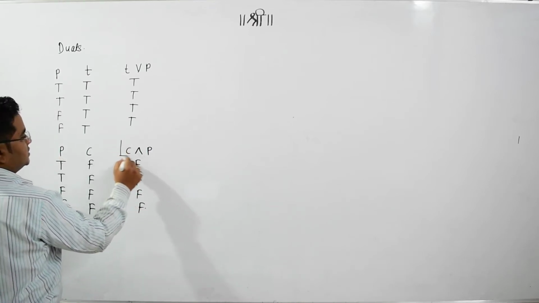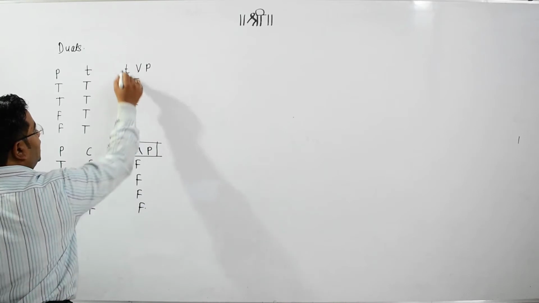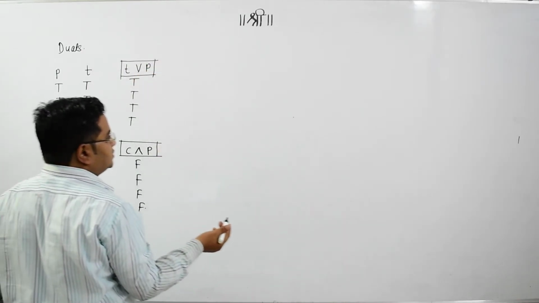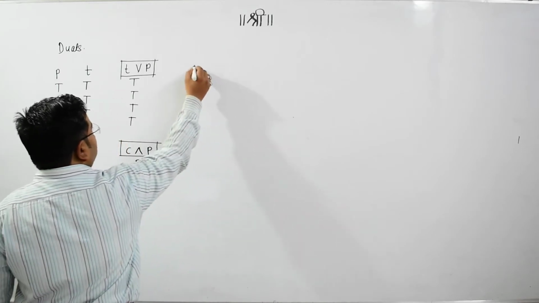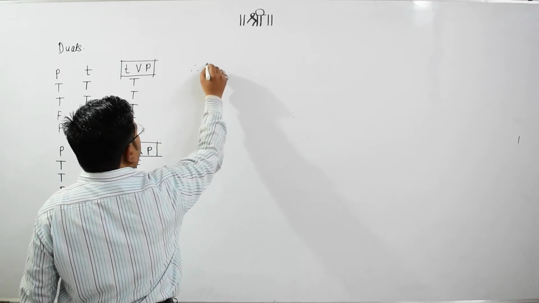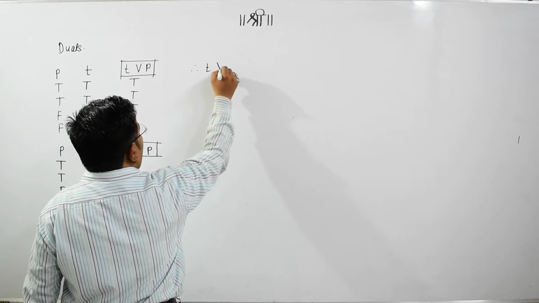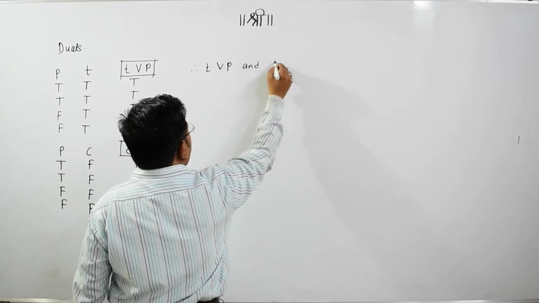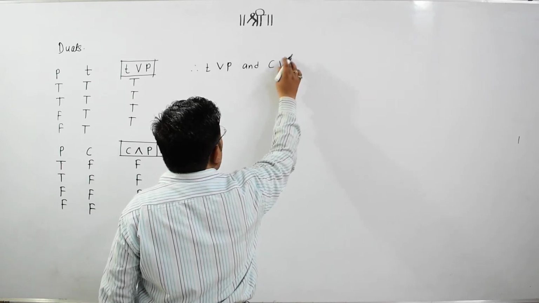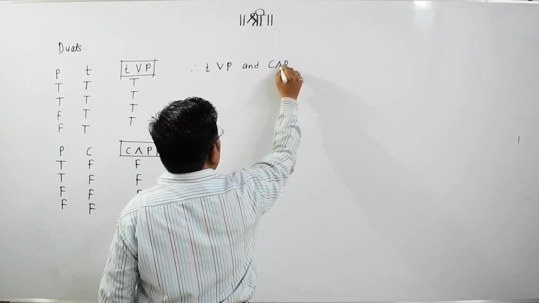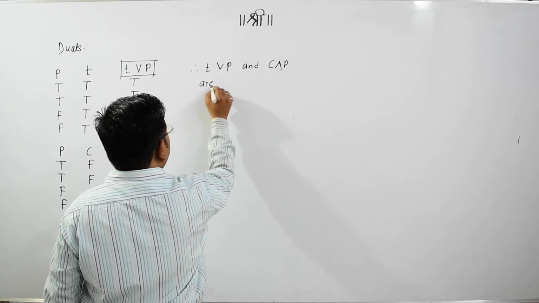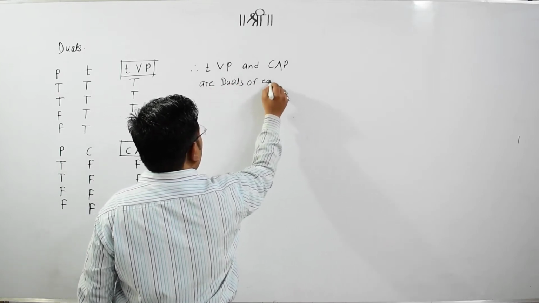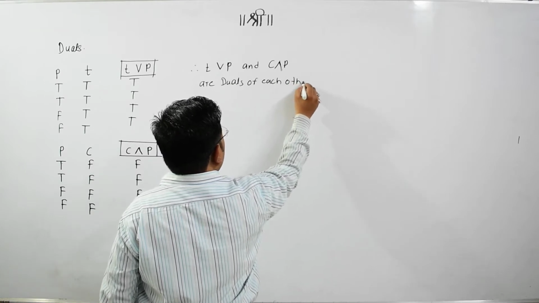Now here this C and P and this T or P are called duals of each other. Therefore T or P and C and P are duals of each other.